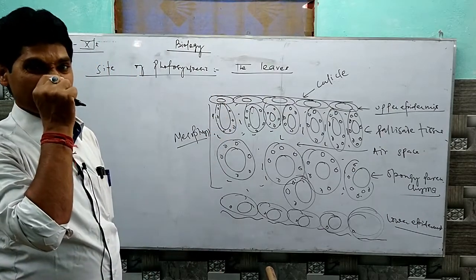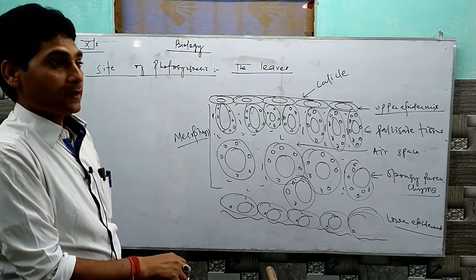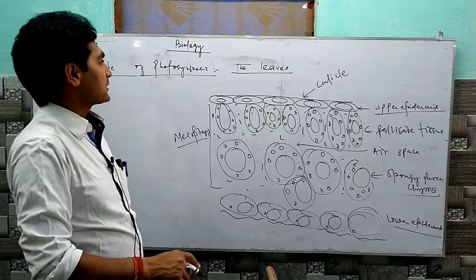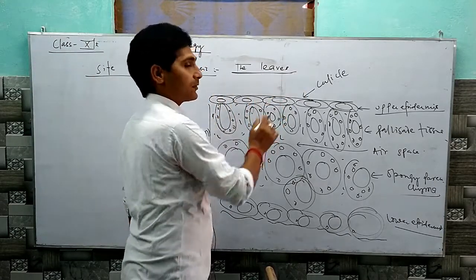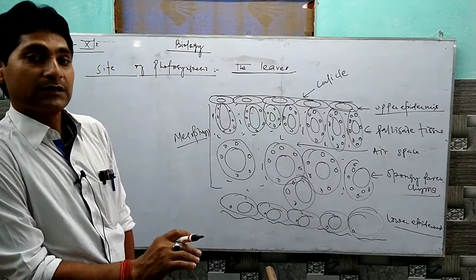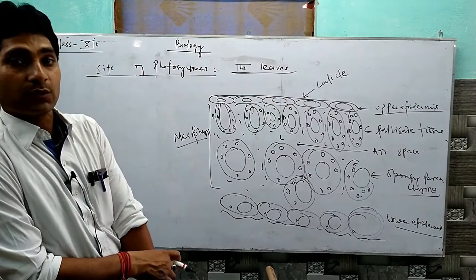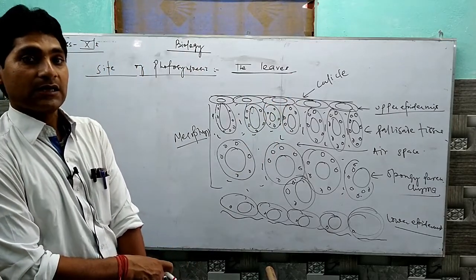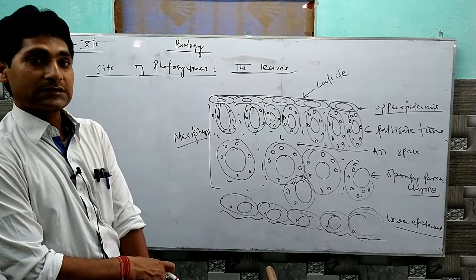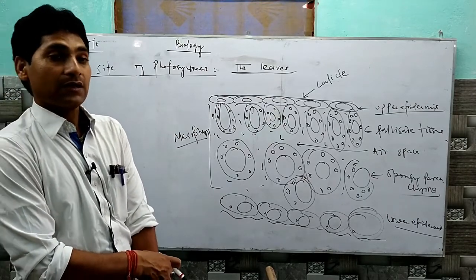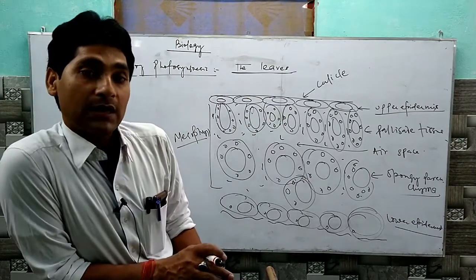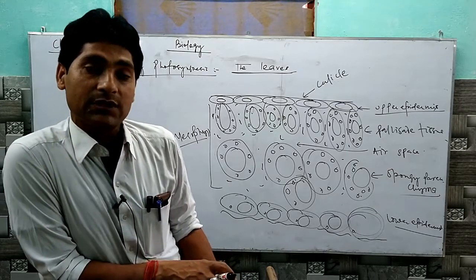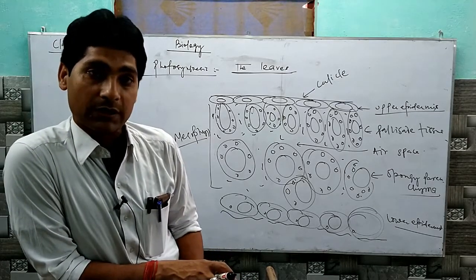There are three points you will have to remember. The first is that leaves are the organs of the plant where photosynthesis takes place, because they contain chloroplast and chlorophyll. This is the reason that leaves are called the kitchen factory of the plant.